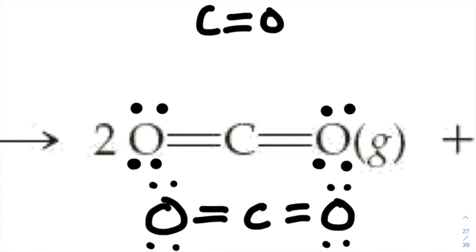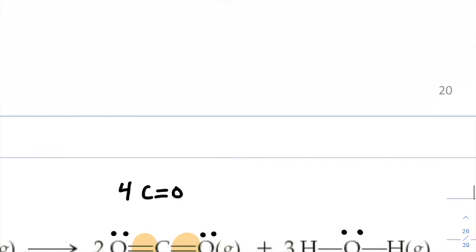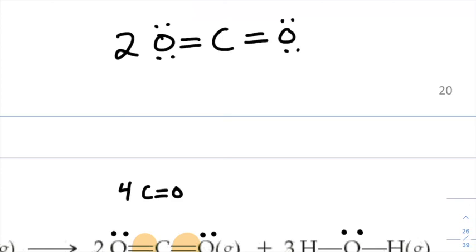So here I'm going to count up 1, 2, 3, 4. So we have a total of 4 of these carbon oxygen double bonds. So when in doubt, you can always draw out those molecules and then count up the number of bonds. But there is another way to do this, so let me show you the other way. Here is our carbon double bond oxygen, our CO2, and based on our balanced equation, we have 2 of them.